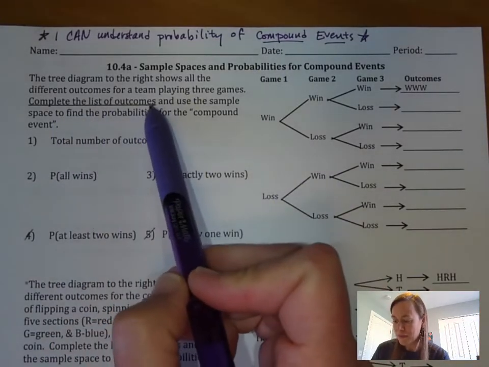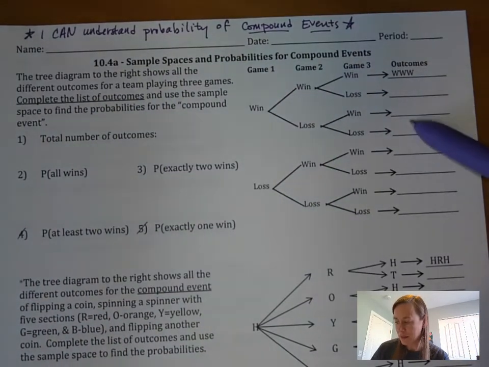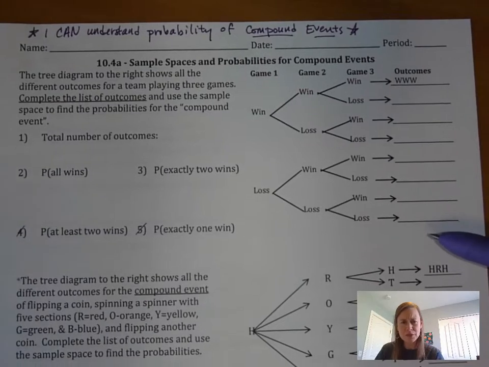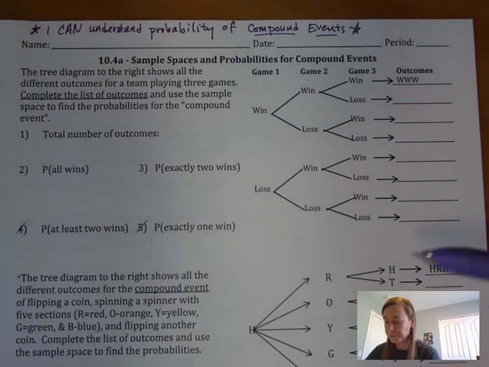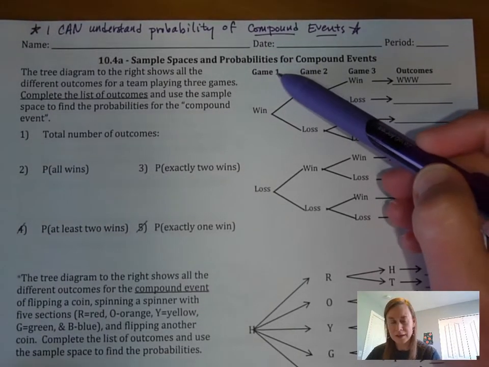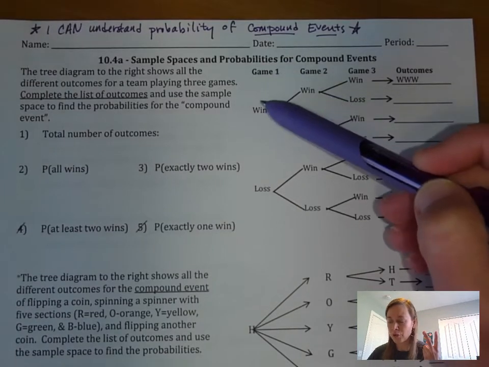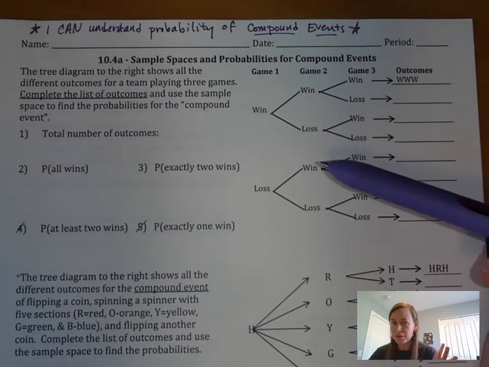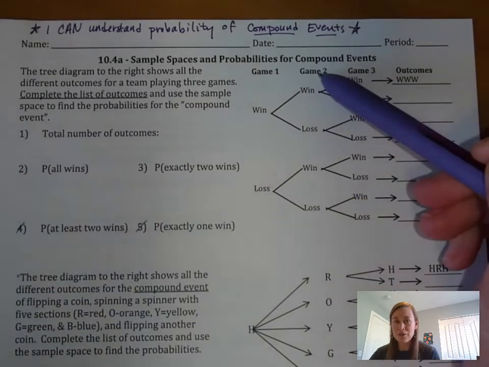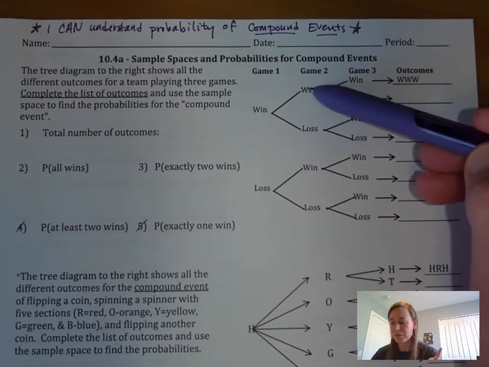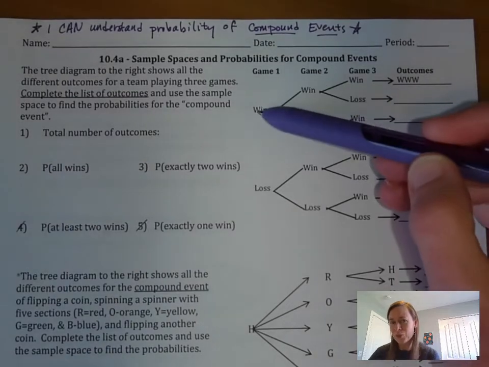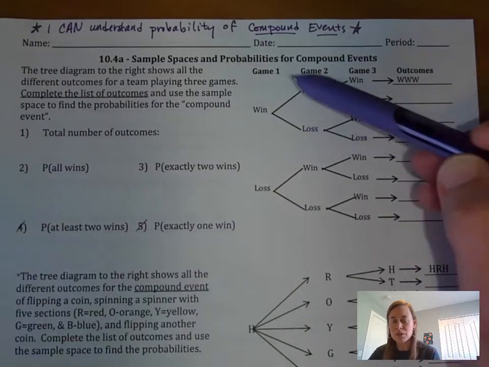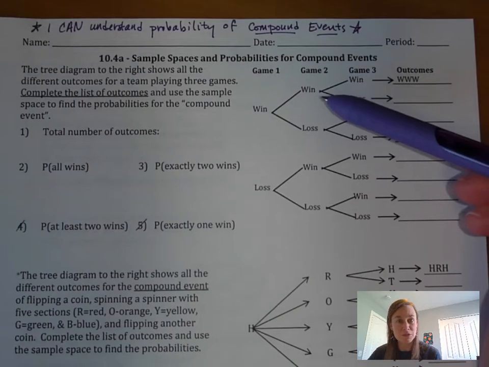So complete the list of outcomes. When they say that, they're talking about this right here. So let's take a closer look at this tree diagram. For game 1, there's just 2 outcomes. They might win or they might lose. Now after game 1 is over, they're going to go and play another game. And for that game, there's only 2 outcomes, win or lose. So they might win game 1 and then lose game 2, or they might win game 1 then win game 2.